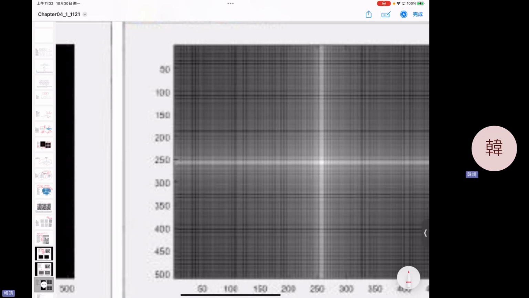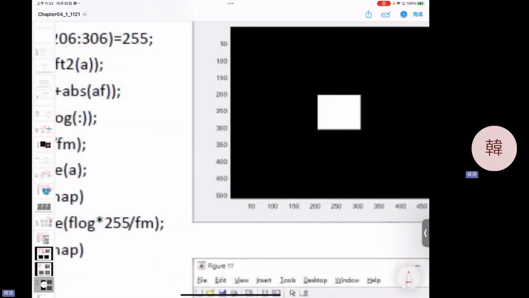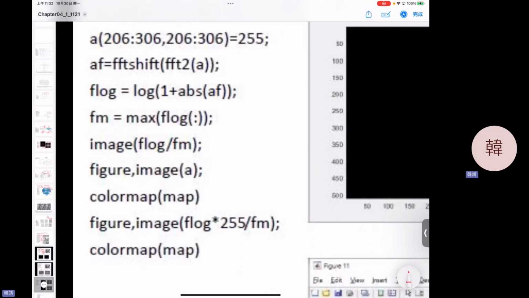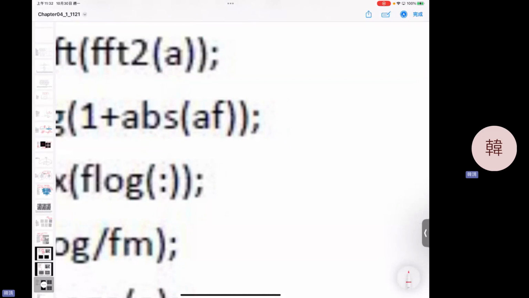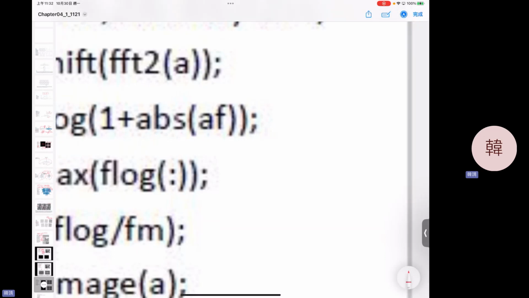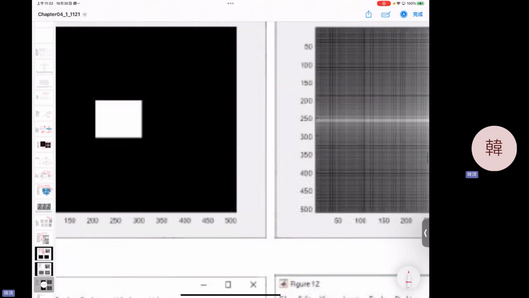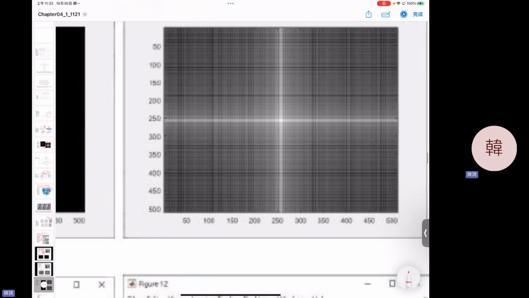The sinc function should be the same size. So this is the magnitude, so we take the magnitude, the absolute value, ABS. We didn't look at the phase spectrum yet, only the amplitude spectrum. So it's the amplitude spectrum of the square.